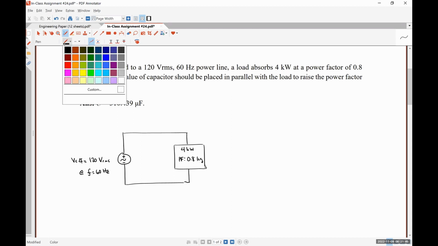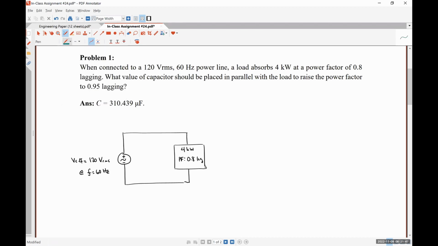Our power factor correction scheme is literally throw some capacitance C in parallel with our load to improve its power factor. So if we want to apply the equation that we just developed, we need to know the following pieces of information.